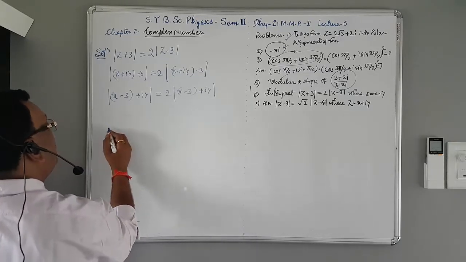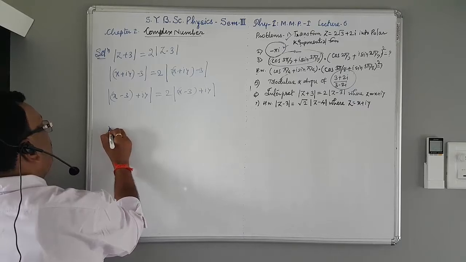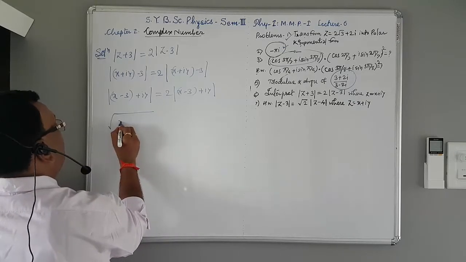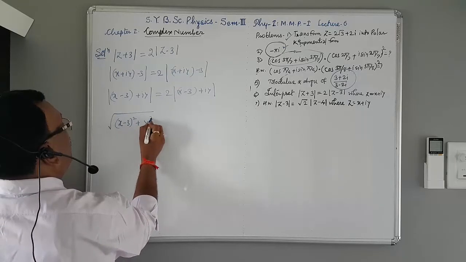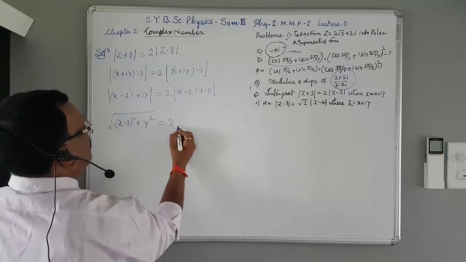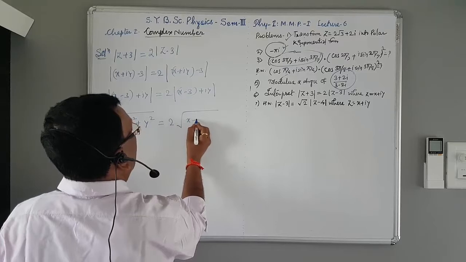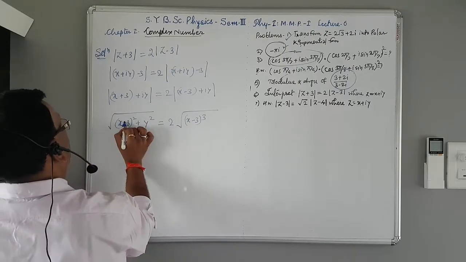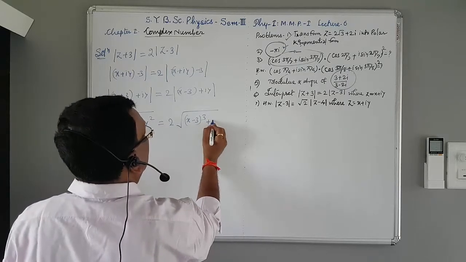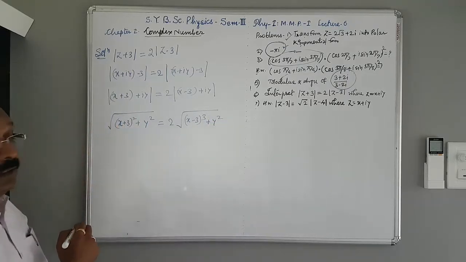This equation can be written in a different way, like this: x plus 3 whole square plus y square is equal to 2 into x minus 3 whole square plus y square. Okay.